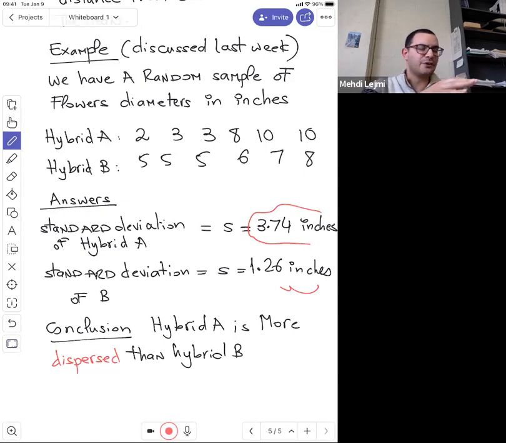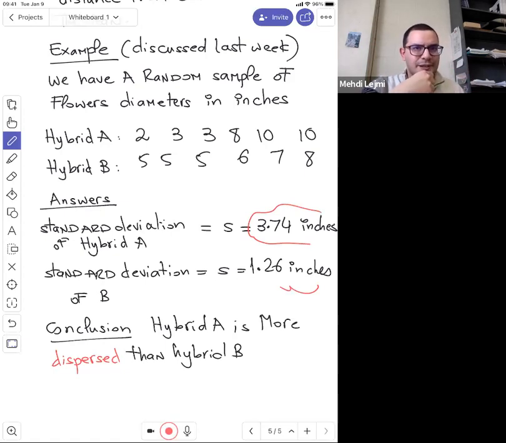For example, your first data set represents flower diameters, and then you have a second data set which doesn't represent flower diameters, but let's say it represents something else.